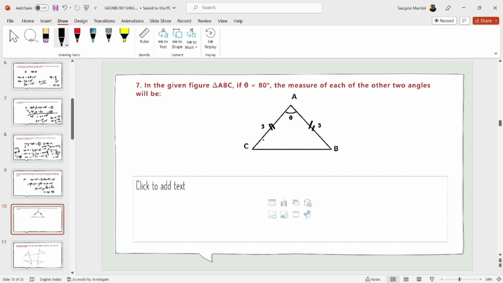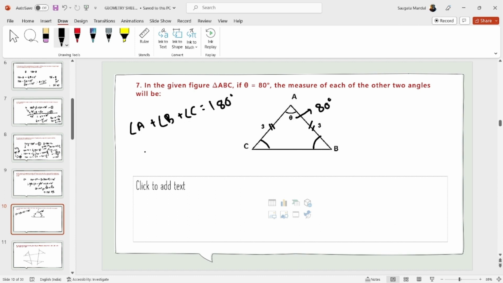That means the corresponding angles, that is angle C, is equal to angle B. Here the value of theta is 80 degree. We know that the sum of three angles of a triangle, that is angle A plus angle B plus angle C, is always 180 degree.